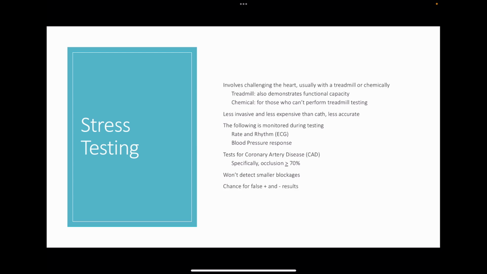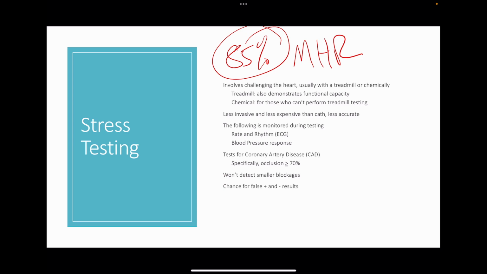The target we want to get is 85% of your max heart rate. That's the heart rate goal. If you can't exercise long enough to get to that heart rate, then do a chemical stress test. It's just as fine. It's less invasive and less expensive than a cath, but is also less accurate.